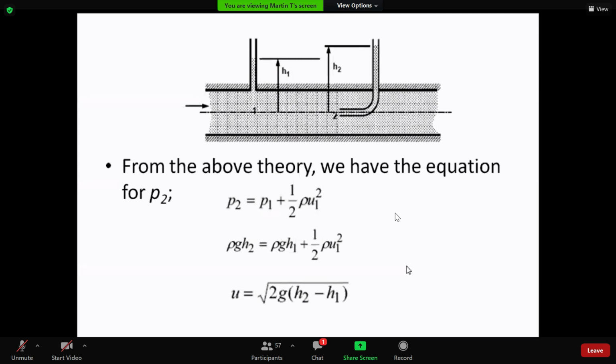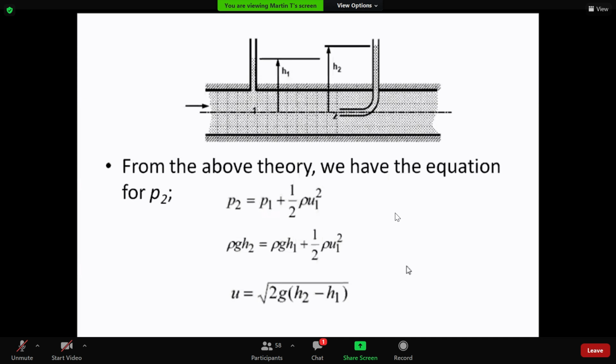We expect the fluid to rise higher in that L tube at point 2 compared to the one at point 1. Because when you're studying statics, you learned about pressure heads. The one that has a higher pressure head rises higher in the tube compared to the one that has low pressure. So that's how the setup would be.